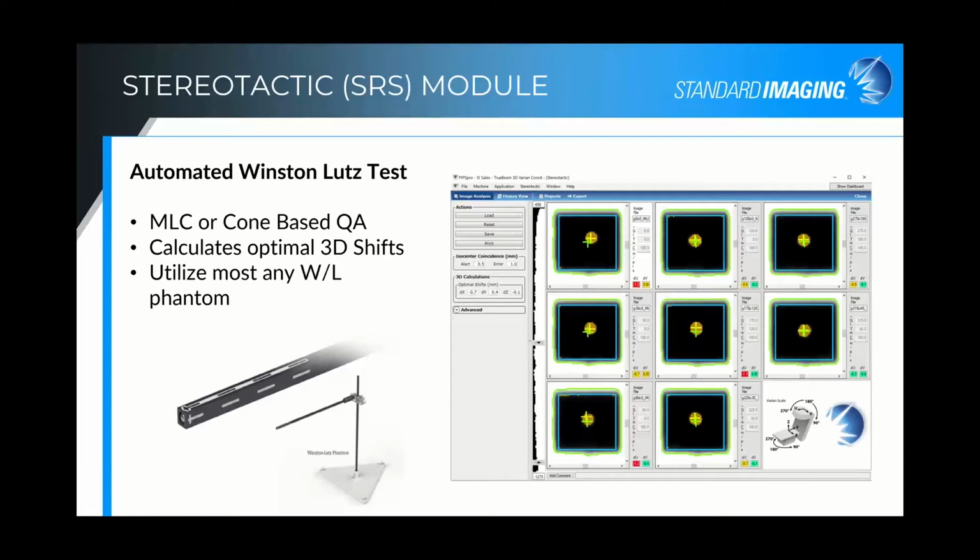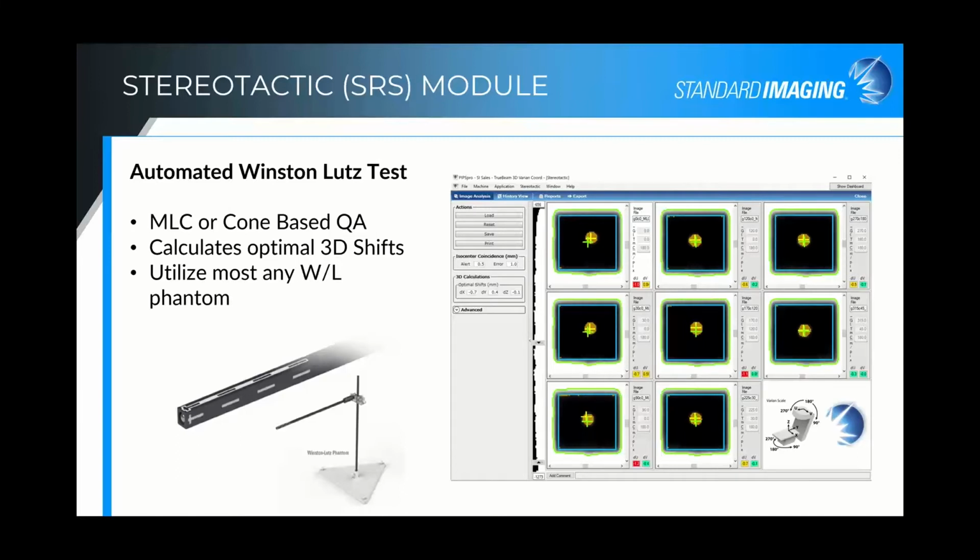The automated Winston-Lutz test, we've got both MLC and cone-based QA. The image here you can see is obviously MLC-based, but it will calculate those optimal 3D shifts and can utilize just about any type of Winston-Lutz phantom. We've got a couple of different offerings. As you can see here, we've got our pointer phantom. This is our basic one that just sits on a carbon fiber stand.